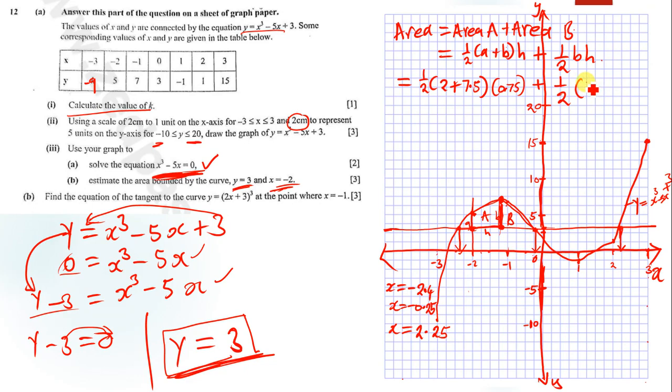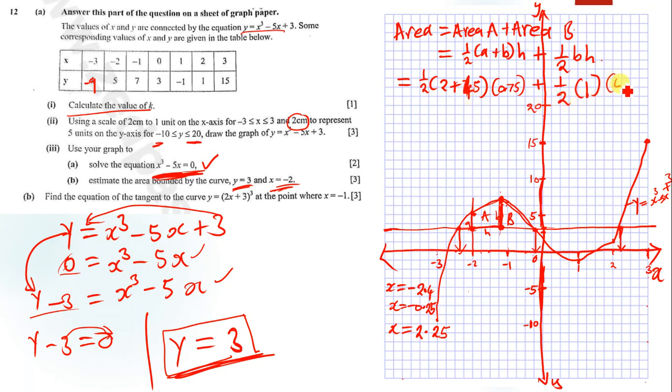So we're saying times the base, which is 1, then the height is the distance from there to there. It can't be 7.5. 7.5 is the distance from 0 to that point, so we subtract 3 from 7.5, which gives us 4.5.